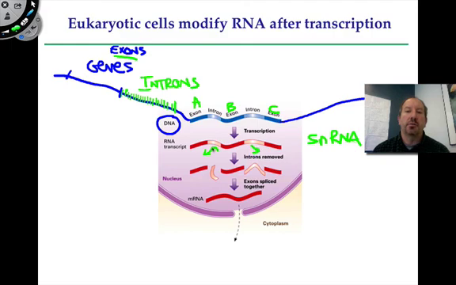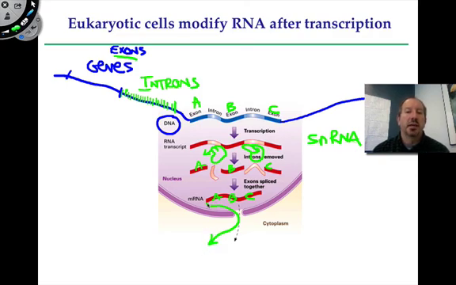This small nuclear RNA attaches with other proteins, I won't go into detail, but I could, called a spliceosome, and it removes the introns. And so the good exons, A, B, and C, are then flanked side by side like this. And now this is a good messenger RNA, and it's nice and small, and it leaves.